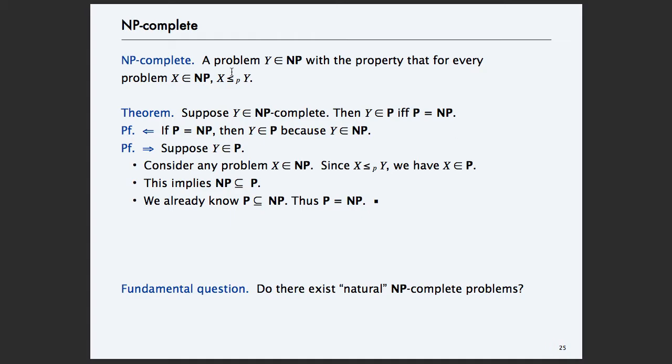Notice that there is an equal in here, right? So what I'm saying is that Y is the hardest possible NP problem. It's not the hardest because there is a bunch of them that are equally hard. So we have this bunch of really hard NP problems. Those are called NP complete.